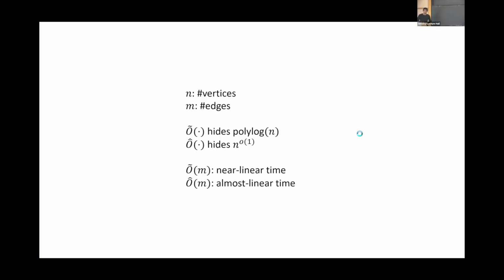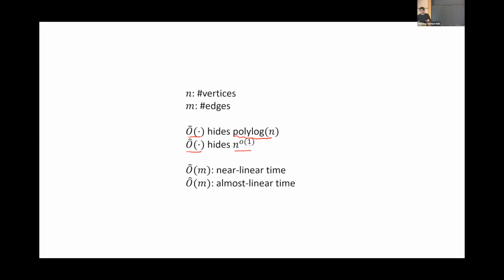Throughout the talk, n usually denotes the number of vertices, m denotes the number of edges, and I will use O tilde to hide polylog factors, and O hat to hide n to the little o(1) factors, which is bigger than polylog. So it's even cruder.